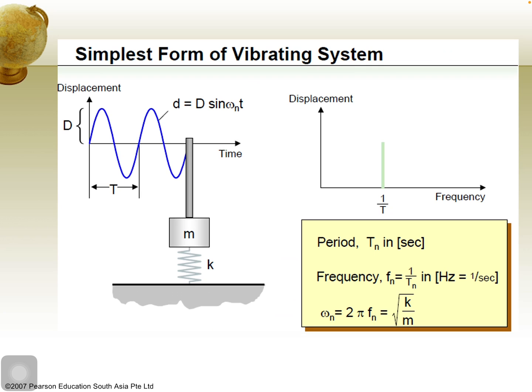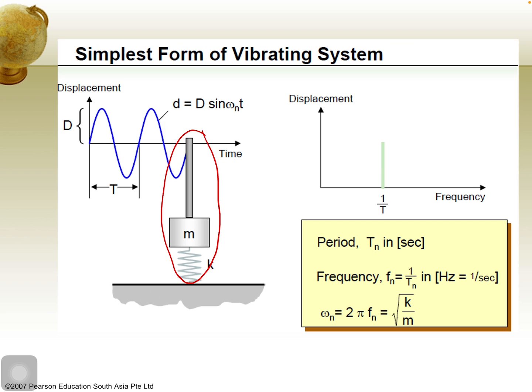So this is the simplest form of vibrating system. It is in the form of a sinusoidal wave. We consider this simple system, which is a spring and a mass, and there is an indicator to draw the vibration.